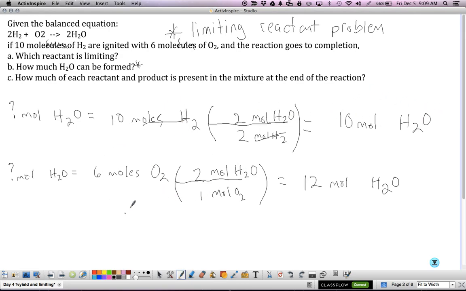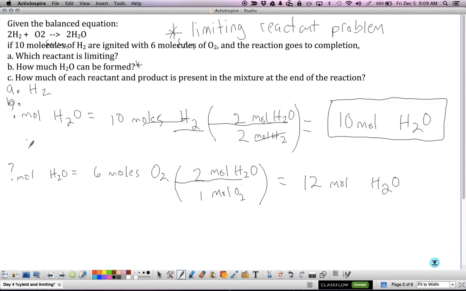I have enough oxygen to make 12 moles of water, but I don't have enough hydrogen to make that. So this is how much water I'm going to make, which means that hydrogen limits the reaction.